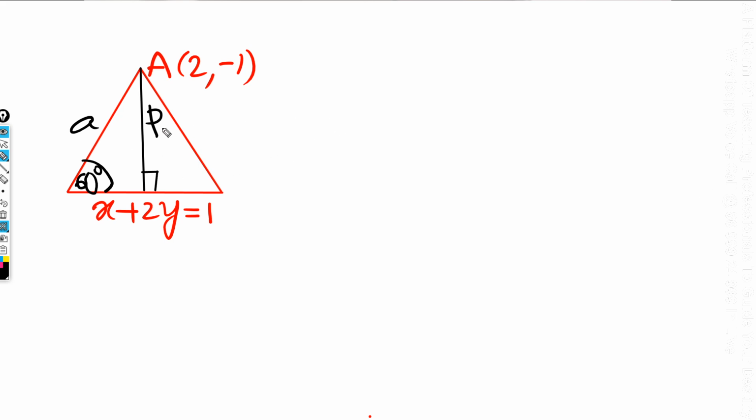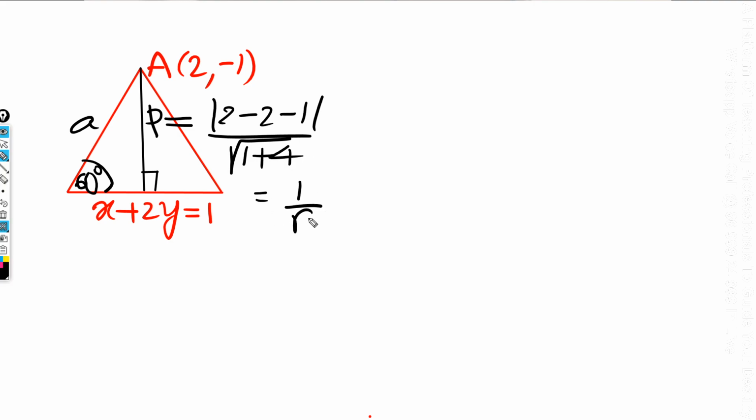Now this P, the perpendicular distance, is nothing but modulus of 2 minus 1 divided by root over 1 plus 4. It is 1 by root 5, please. Now, opposite side; we need hypotenuse here. Find out sine 60. What is sine 60 degrees here?